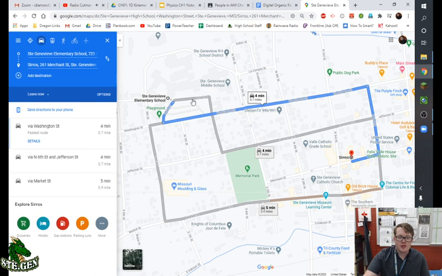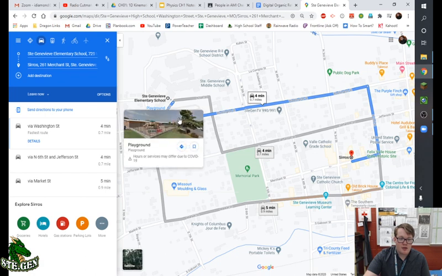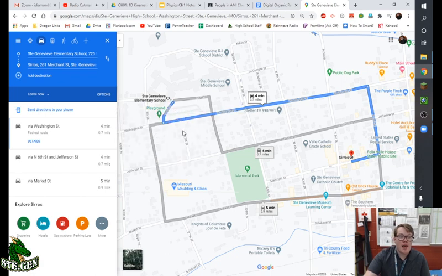What it's going to show us right now, this trip right here, is the trip that we would actually be taking. We would be going 0.7 miles and 4 minutes. That is the distance we will travel, and that is the time it will take to do that.